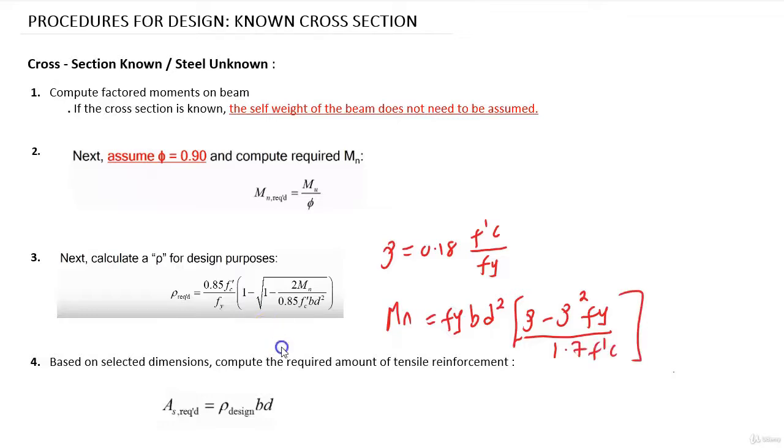So this is the formula for Mn, and using it, we derive rho required.